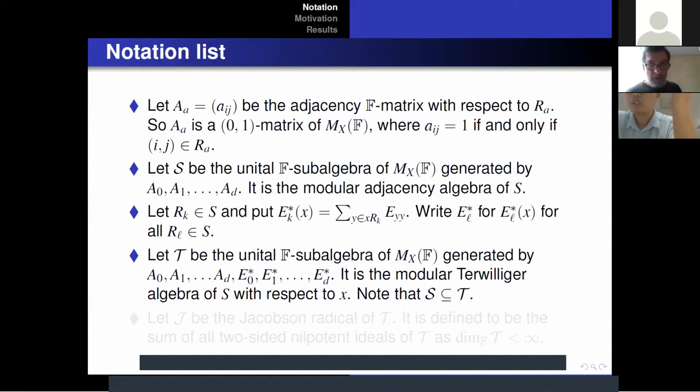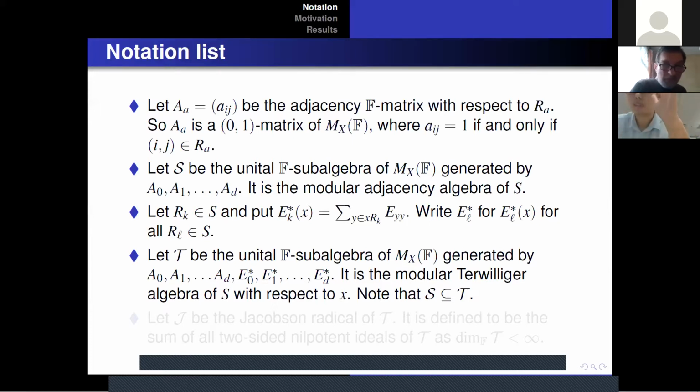It's called the modular trilinear algebra of S with respect to x. From the definition, T depends on the scheme, the field, and the fixed x. So this is the definition of the modular trilinear algebra of S.